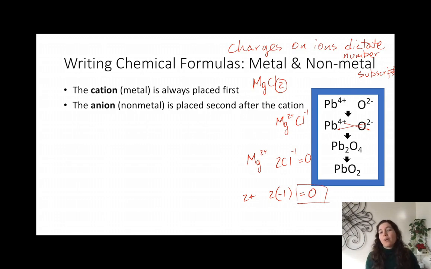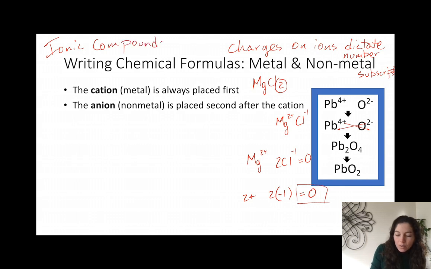So when we go to write our chemical formulas from a chemical name for ionic compounds, some things that we need to remember are that our cation, the metal, always goes first.